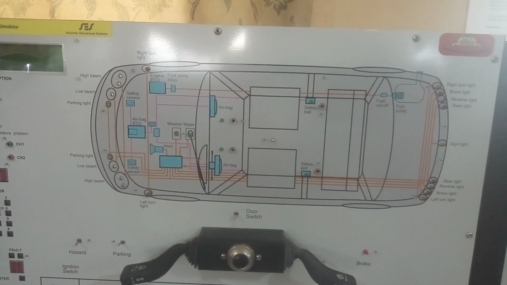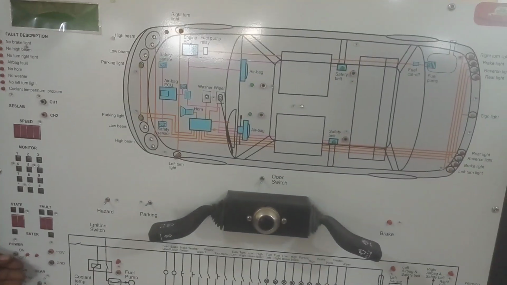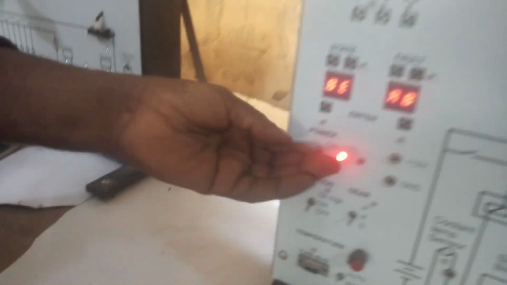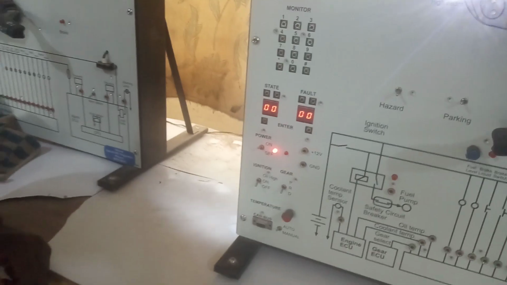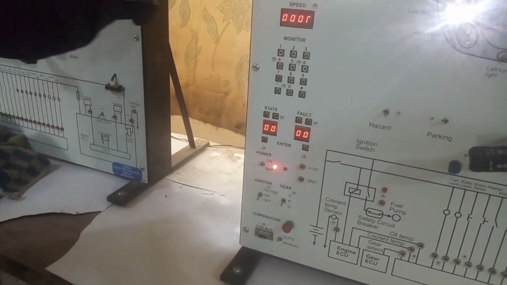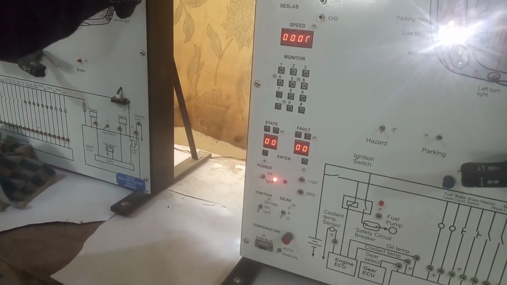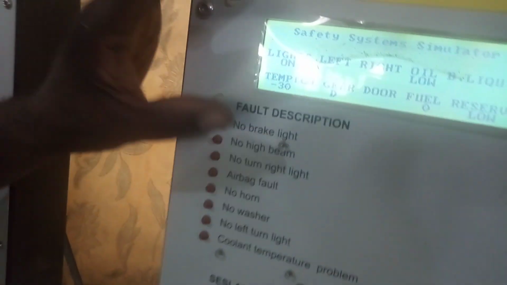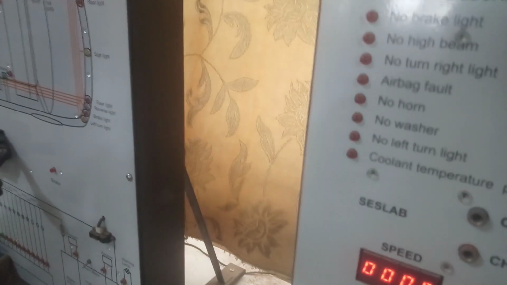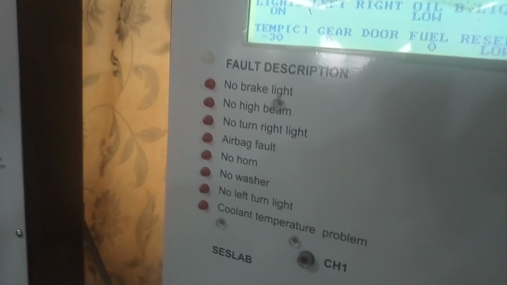Now, I would like us to operate this panel to see what we are talking about. As I earlier said, this is the LCD liquid crystal display unit, and then the fault description unit.